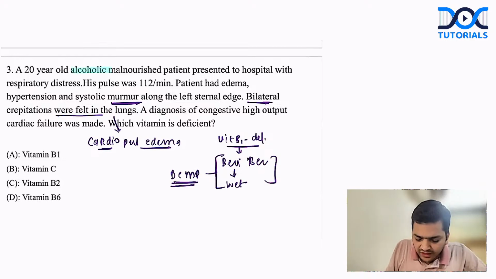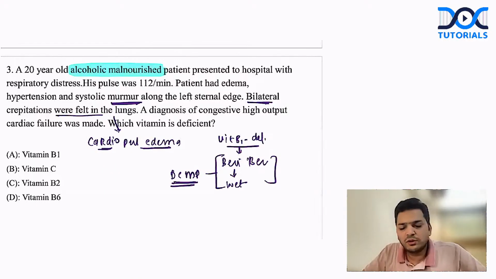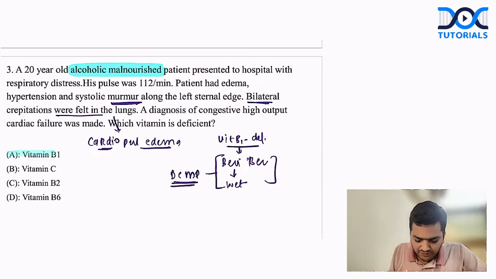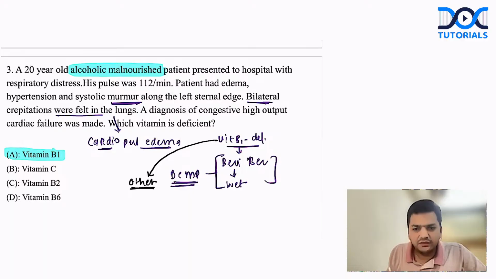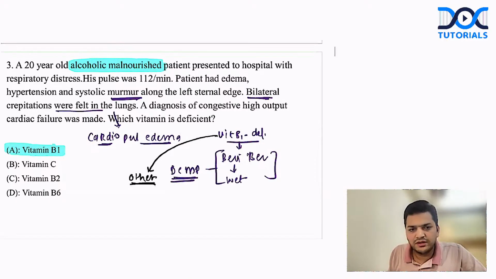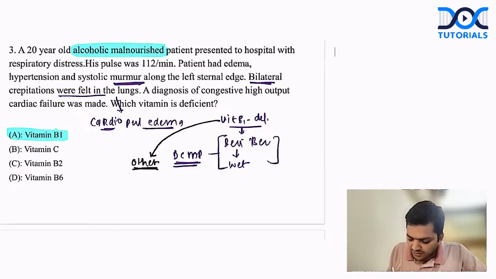The hint was the alcoholic, malnourished patient not taking a proper diet; there is a very high chance of developing vitamin B1 deficiency. Can you tell me what other things vitamin B1 deficiency will lead to? Yes, it can lead to lactic acidosis.